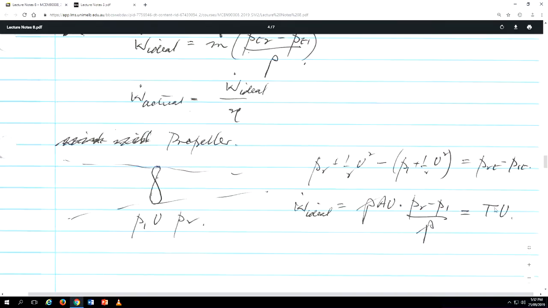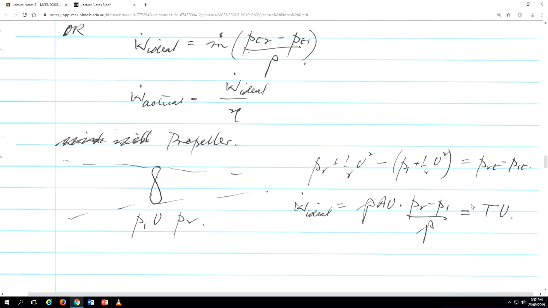So this P2 minus P1 is exactly equal to the thrust on the propeller. And so this is an easy thing. You're cancelling the density, and the pressure difference times the area will be the thrust. It's simply the thrust that the propeller generates.